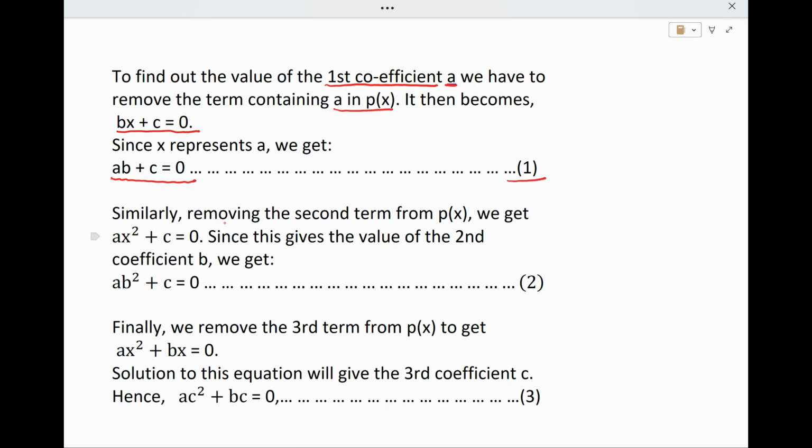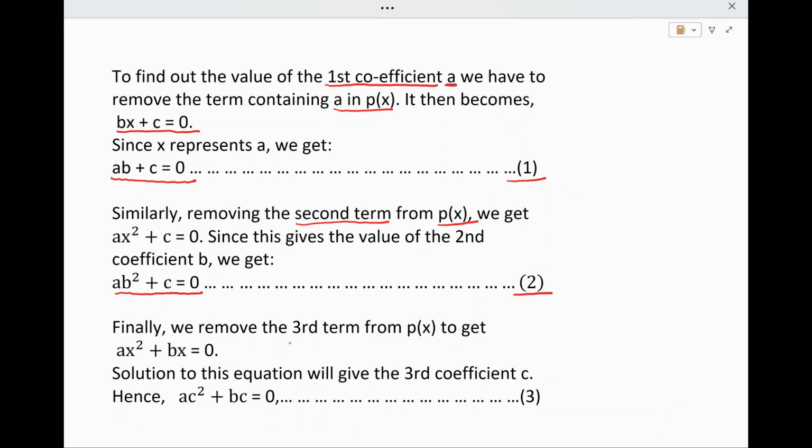Similarly, removing the second term from P(x), we get ax² + c = 0. This gives the value of the second coefficient b. Therefore, we get ab² + c = 0. We call it equation 2.